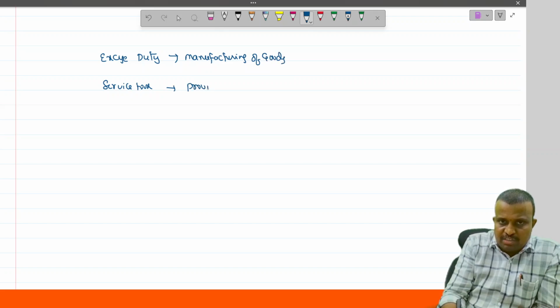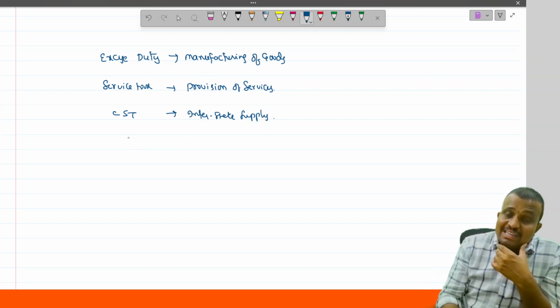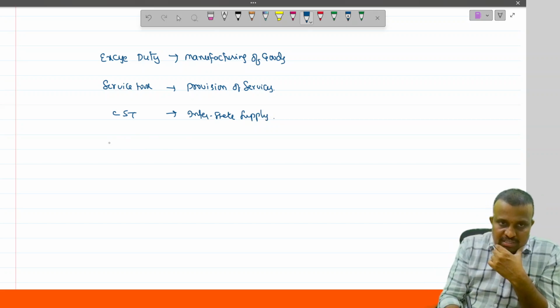Service tax is levied based on provision of services. CST is levied on interstate supply. And in customs duty, two components are there, like CVD and SCVD.